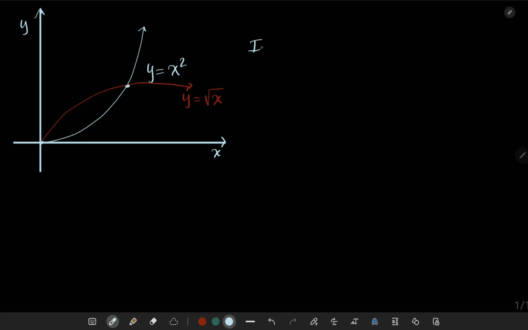So intersections: you said x squared equals the square root of x, which is x to 1/2. So you can square both sides of this, and you get x to the 4th when you square the square, equals x.